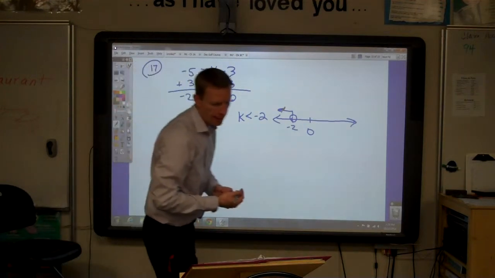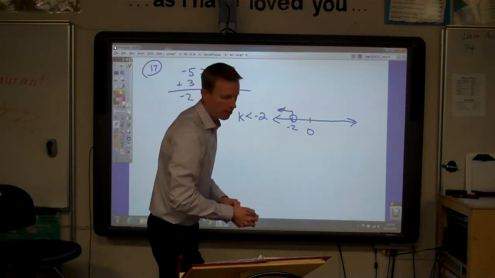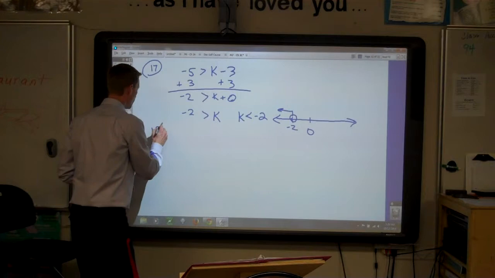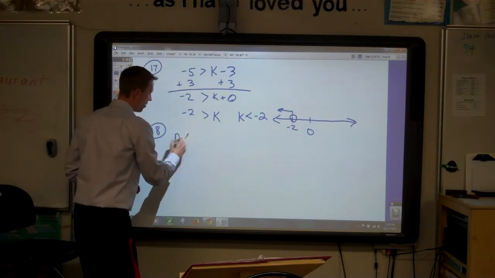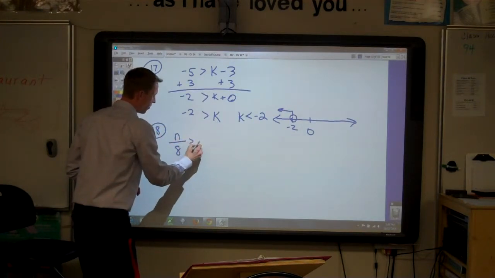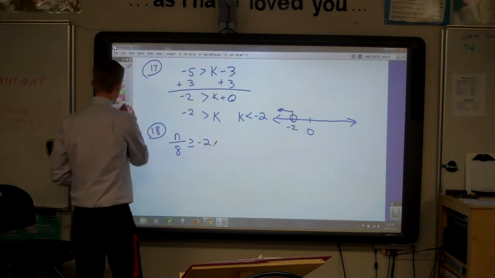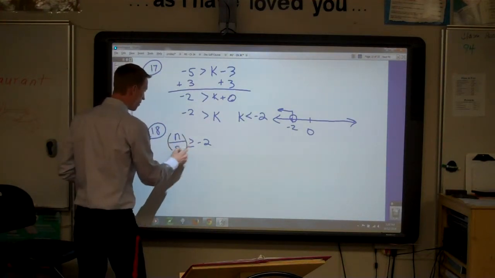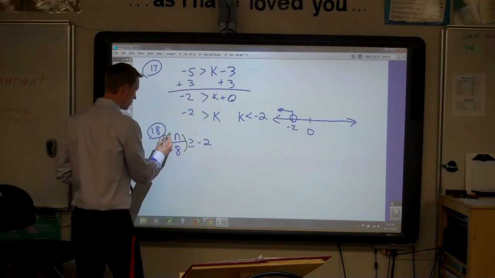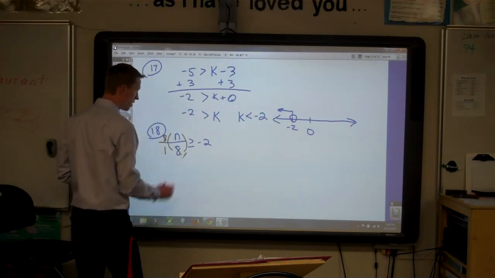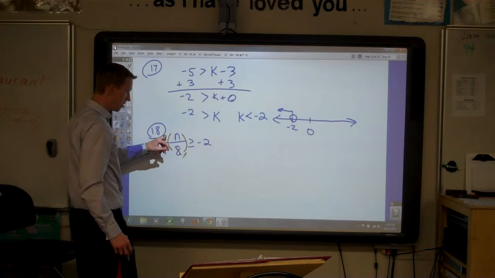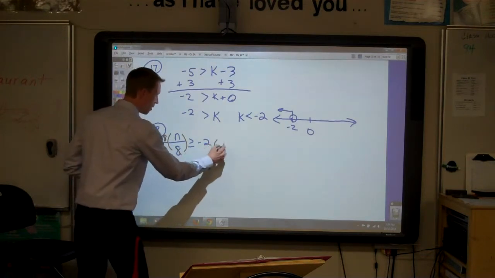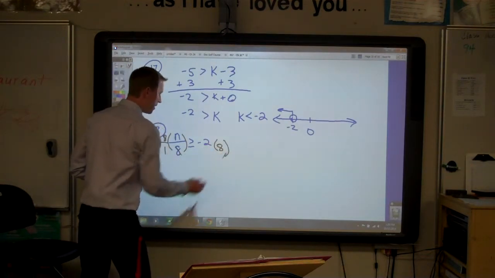Then, number 18, n over 8 is greater than or equal to negative 2. We multiply by the reciprocal of the coefficient. So we multiply by 8 over 1 so we can cross off the 8's. Multiply by 8 on this side.